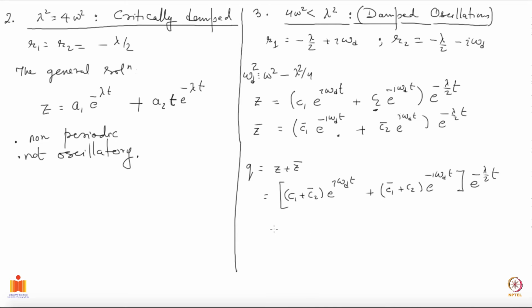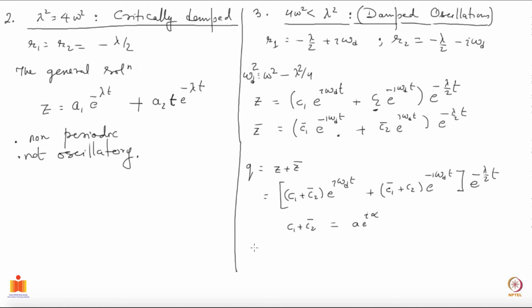Anyhow, so now I will define C1 plus C2 bar, the sum of these two constants, to be a e to the i alpha, where a and alpha are real.